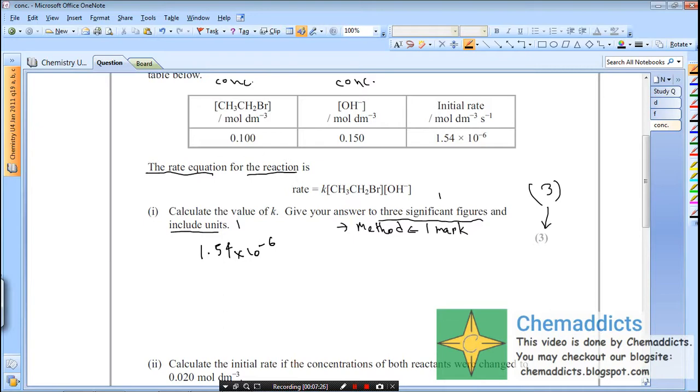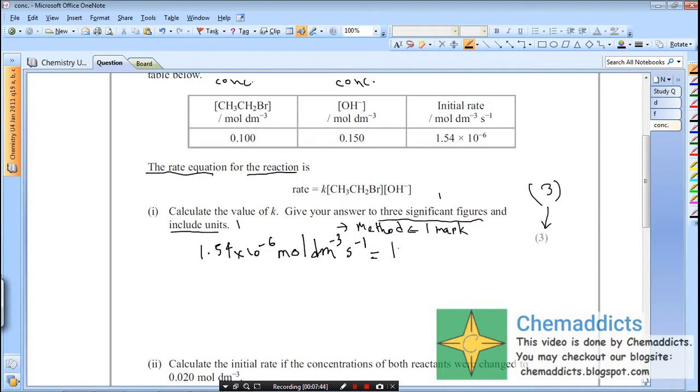So let us mention the unit for each one. This is the initial rate, so we mention its unit: mole per dm cube per second.